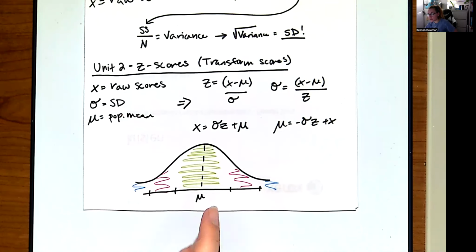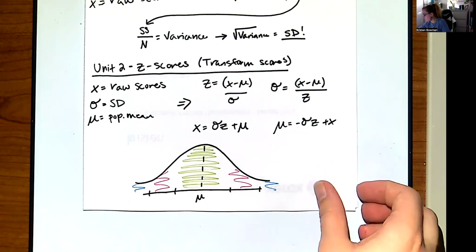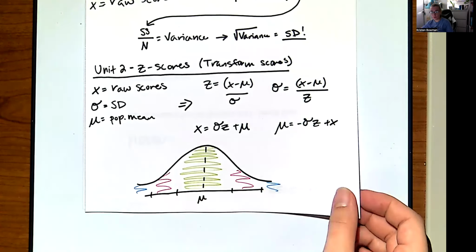Well, z-scores help us to determine how far away our scores are from the centermost point, right? If you want to know more about this or about the visuals of normal distributions, let me know, or this is something that is commonly known on Google or in your textbook. Actually, this is also in your textbook. Look there too. But anyways, we're going to move forward now, and we're going to cover Unit 3.